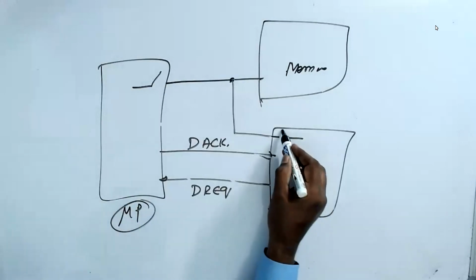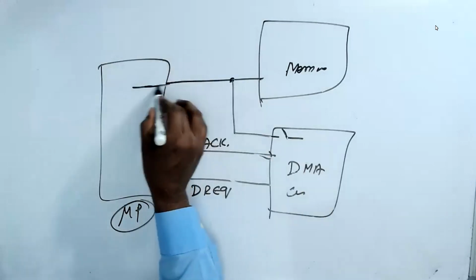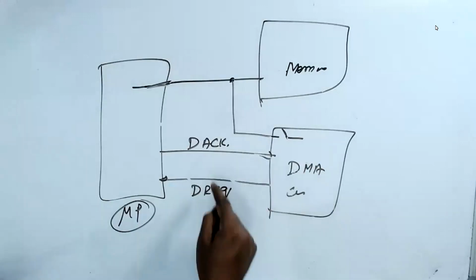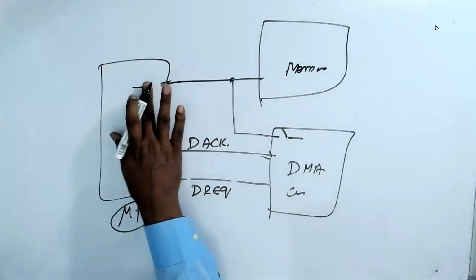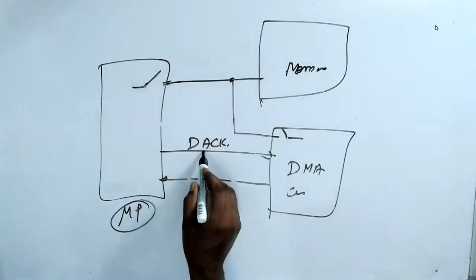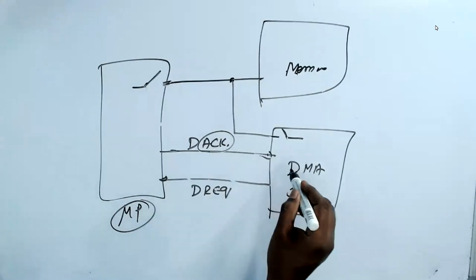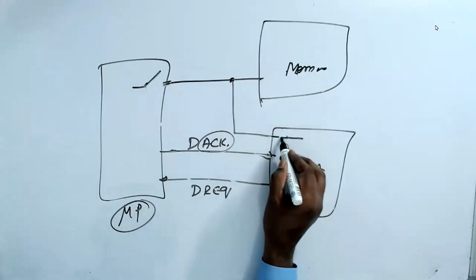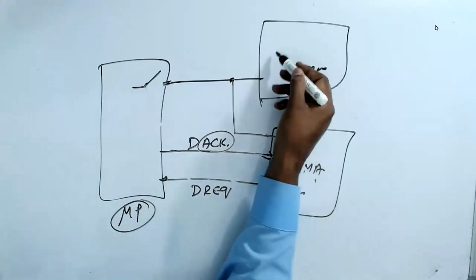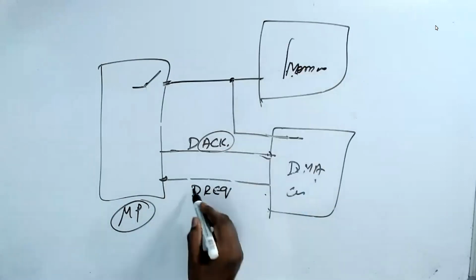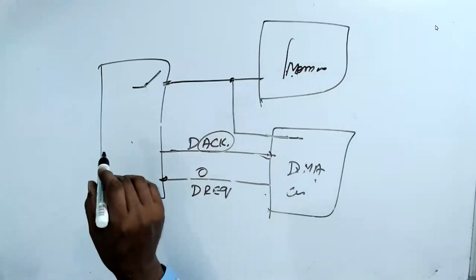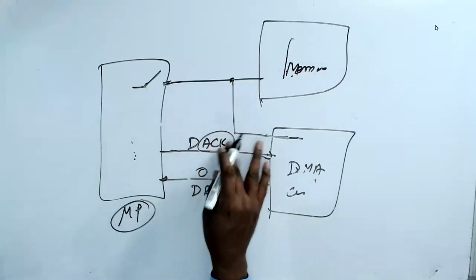Normally this switch is off and the microprocessor's is on. When the DMA controller gives the request, the microprocessor disconnects itself from the memory and gives the acknowledgement. Once the DMA controller gets the acknowledgement, it owns the memory. It finishes the transaction, then makes the DMA request 0, telling the microprocessor that it completed the work. Then the microprocessor gives the ACK as 0.